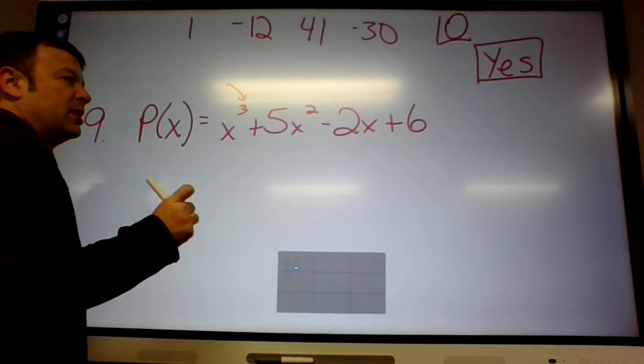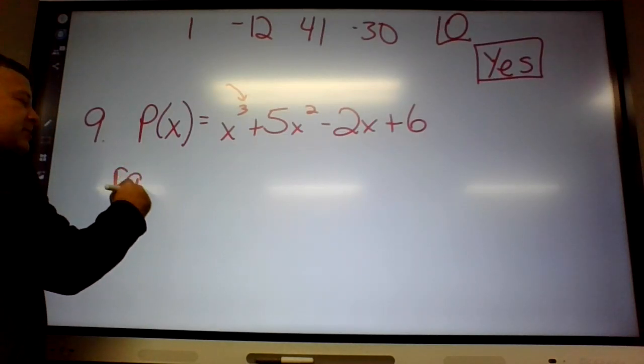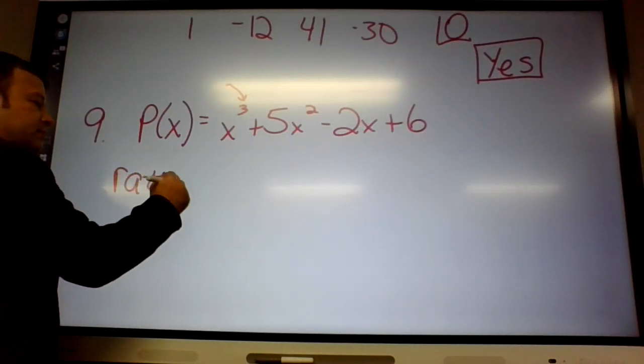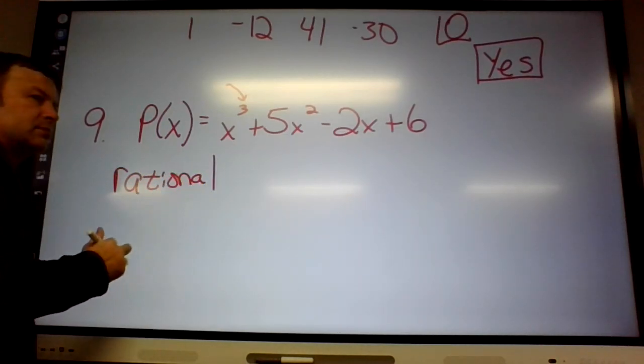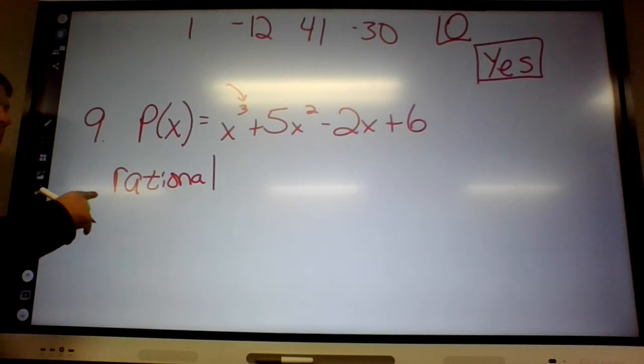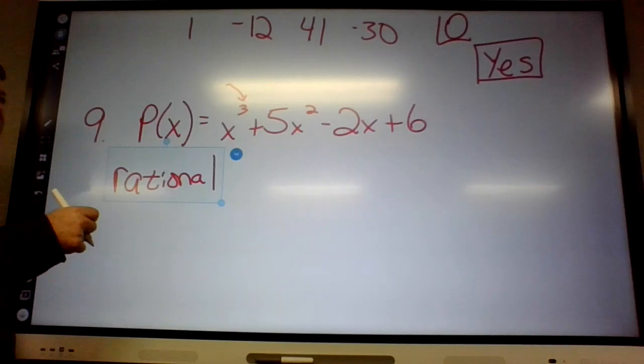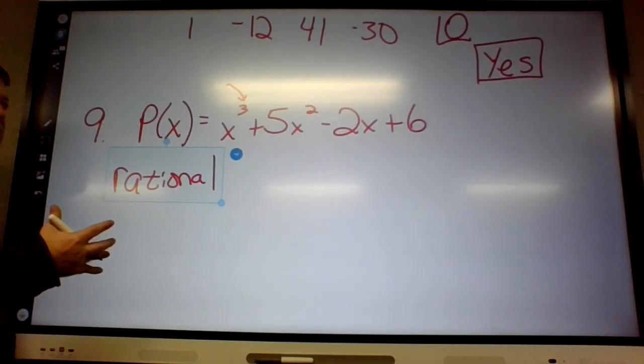If one of these answers is rational, do you guys remember what rational means? Like it can be 0, 1, 2, 3, 4, 5, 6, 7, 8, 9. Actually it's like 2/3, negative 5/4, anything that can be written as a fraction. Something that's not rational would be like square root of 2, or pi.